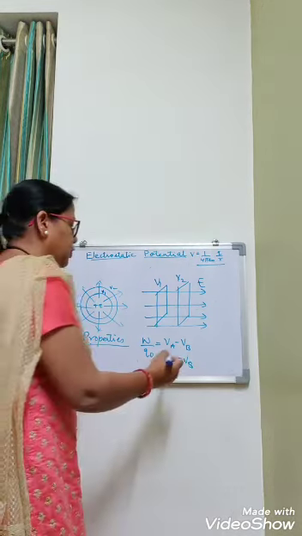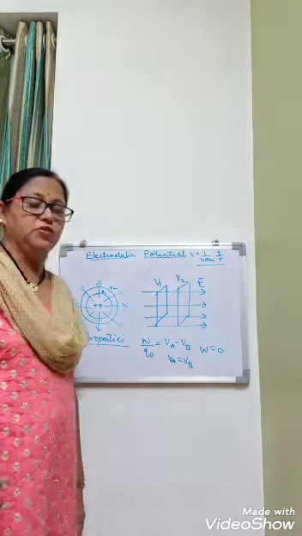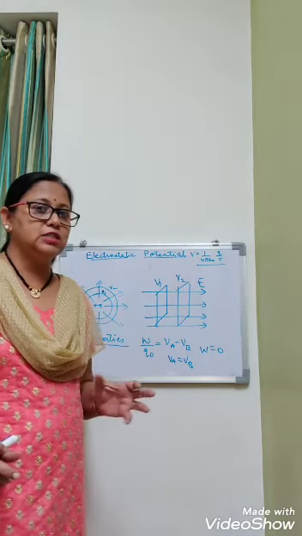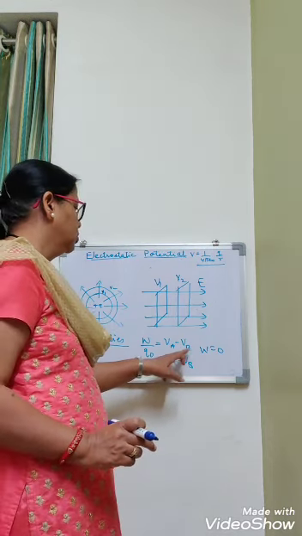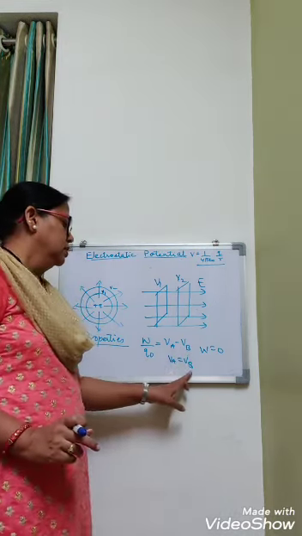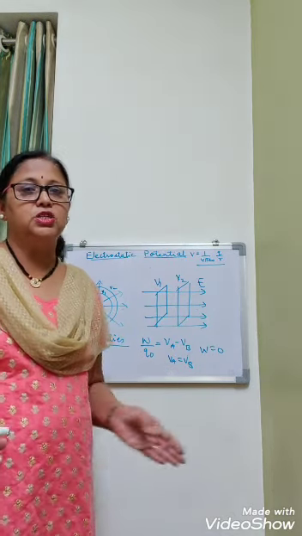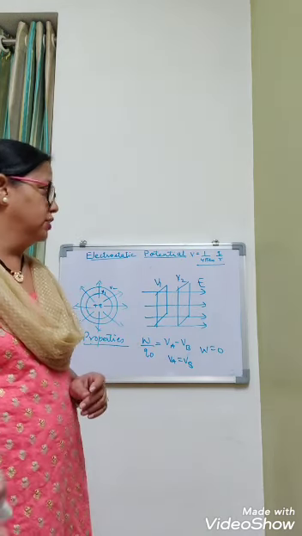So over an equipotential surface, we get work done equal to 0. Why is it 0? Because the potential difference by this formula comes out to be 0. So there is no work done to move any charge or test charge over an equipotential surface.